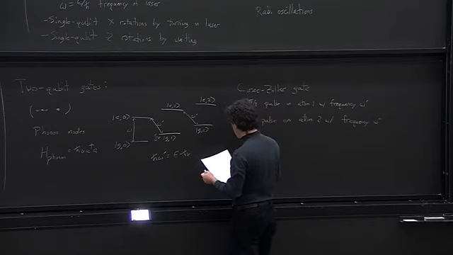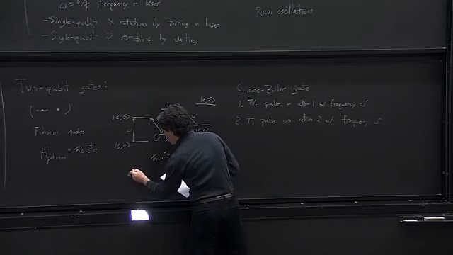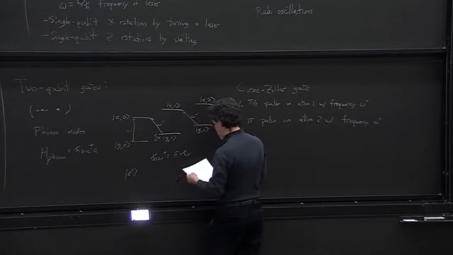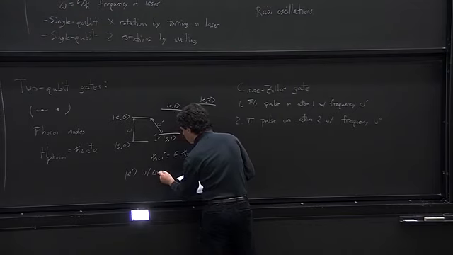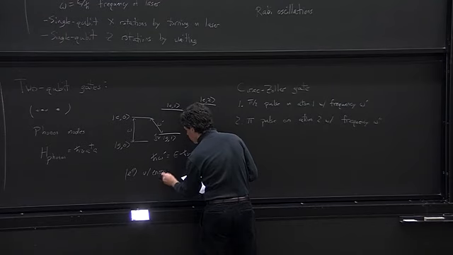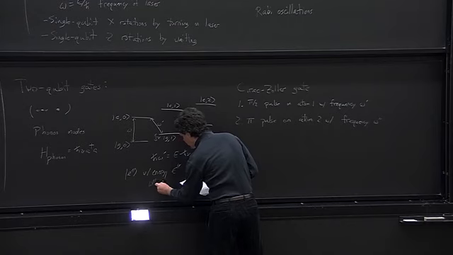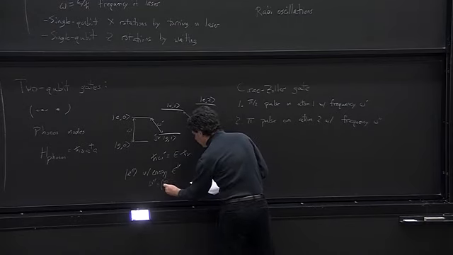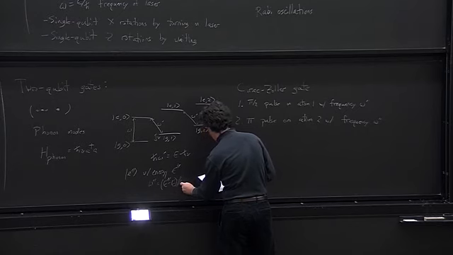So we're going to add another energy level, E double prime, with energy E double prime. And omega double prime is going to be E double prime minus E over H bar minus nu.